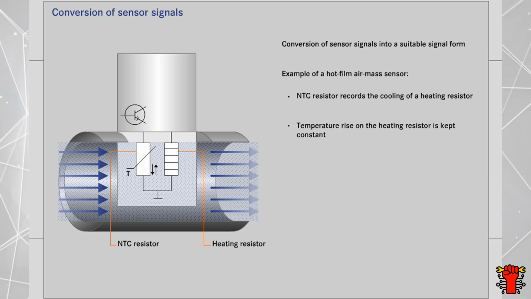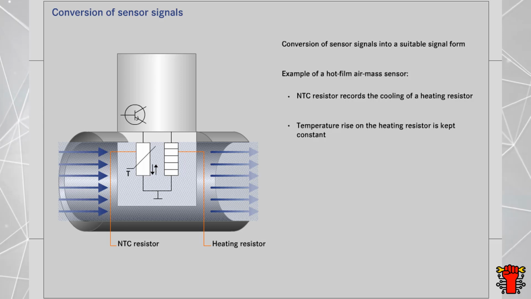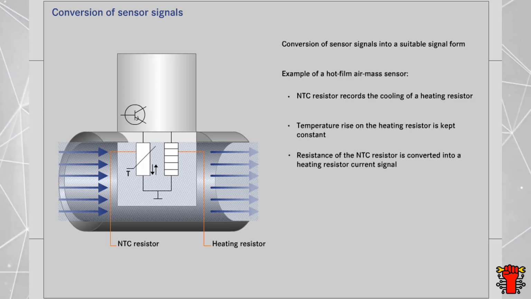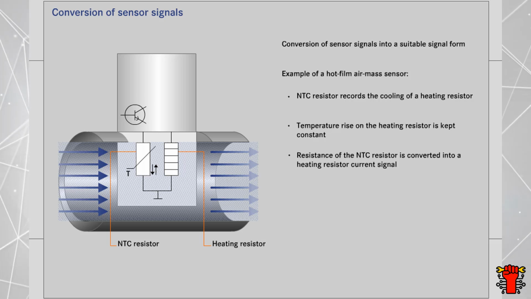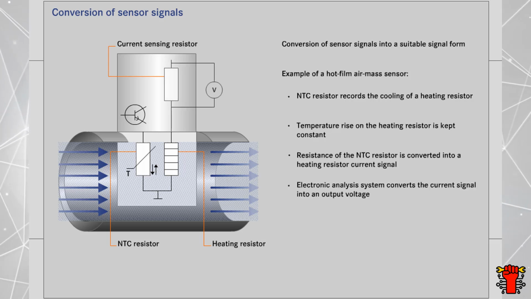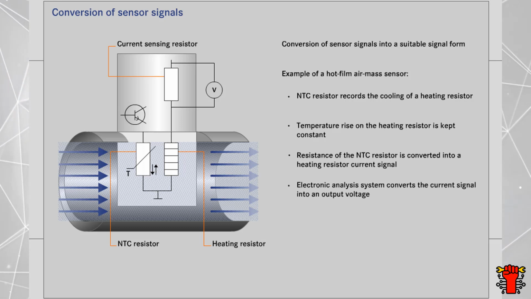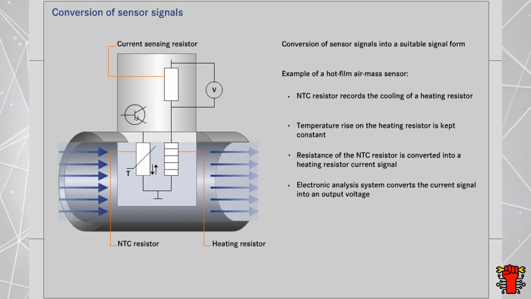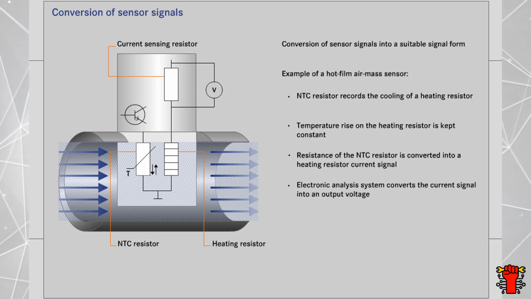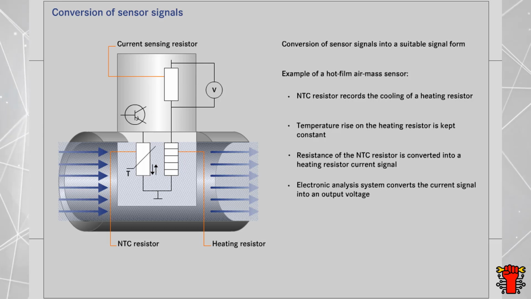An electronic regulator keeps the temperature rise on the heating resistor constant. It thus converts the resistance of the NTC resistor into a current signal of the heating resistor. In a second stage, the sensor's electronic analysis system converts the current signal at a current sensing resistor into an output voltage which the control module uses as a measure for the mass of air being drawn in.